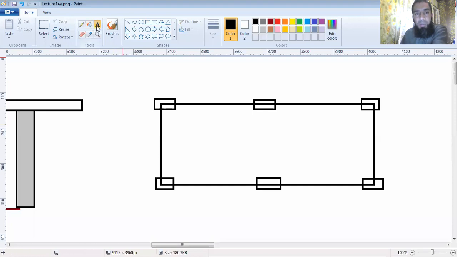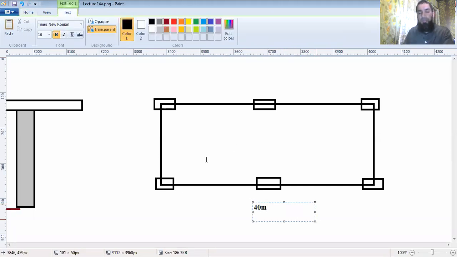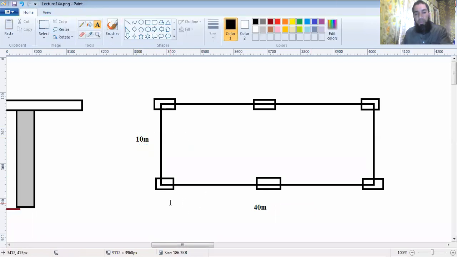Now, for example, this side is 40 meter and this side is 10 meters. Then you have a ratio of 4:1 between the two.